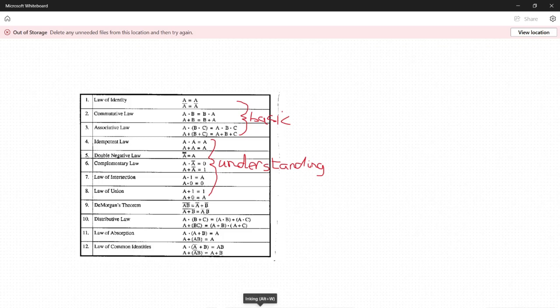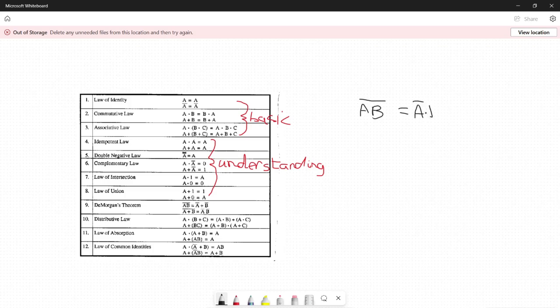Now, De Morgan's theorem, we showed the actual proof for this in our last videos, speaking about AND gates and OR gates, but it specifically was in the NOR and NAND, showing how they're the opposites. And we proved this.